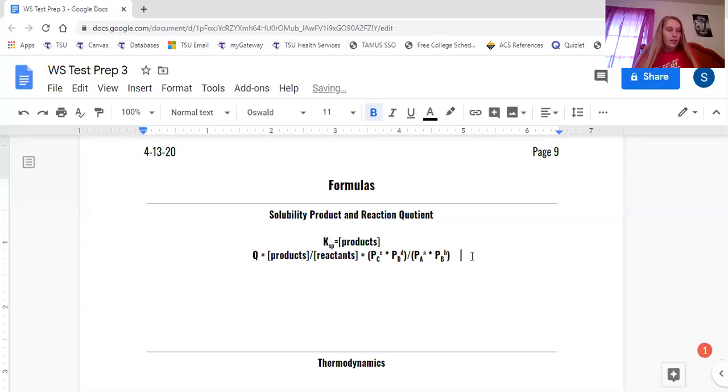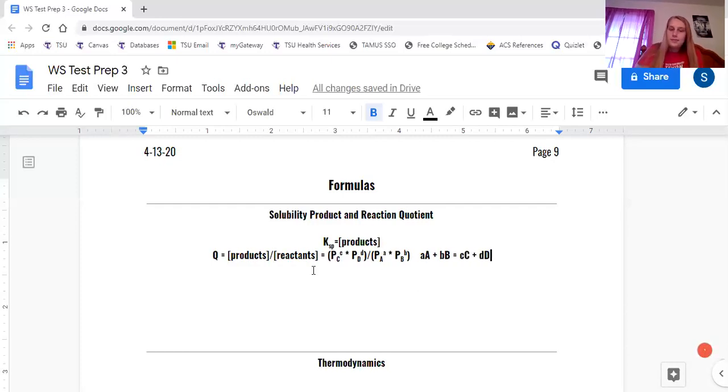So that would be if you had the equation and it looked like this, a A plus b B equals c C plus d D. So that's what that's from. And like I said, this only works for gases, obviously, because it's pressure.